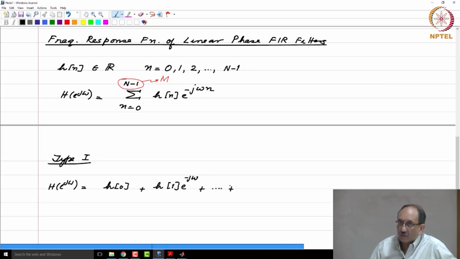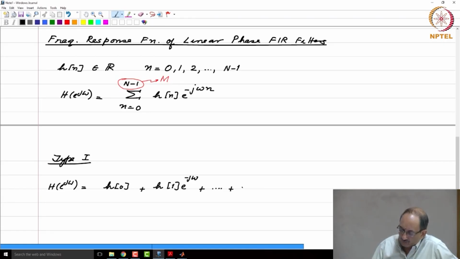And remember, this is type 1, which means the length n is odd and the symmetry is even. Therefore, if n is odd, then M, which is n minus 1, is even. Therefore, the symmetry sample is h of (n minus 1) by 2, which falls on a sample, and (n minus 1) by 2 is the same as M by 2.